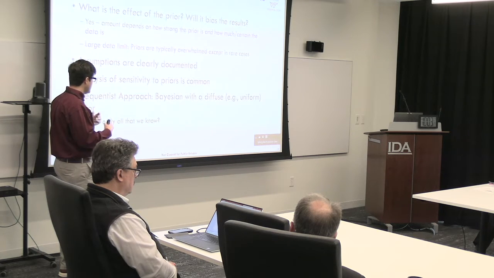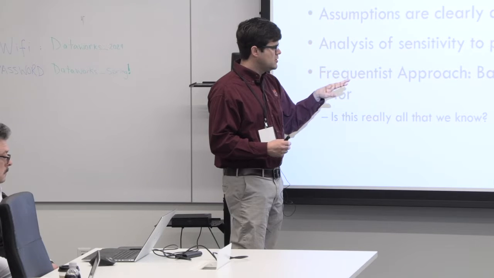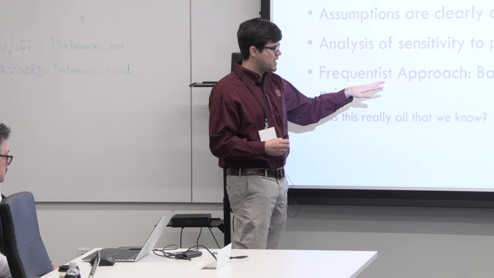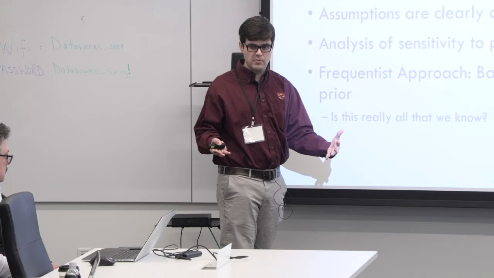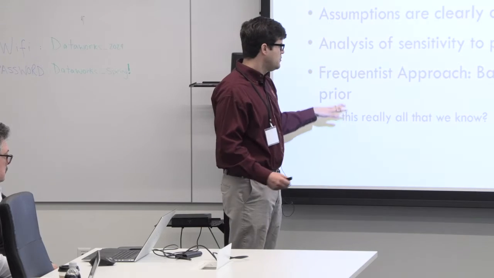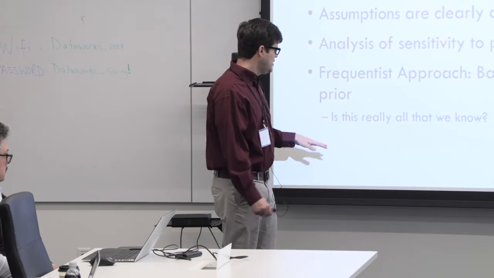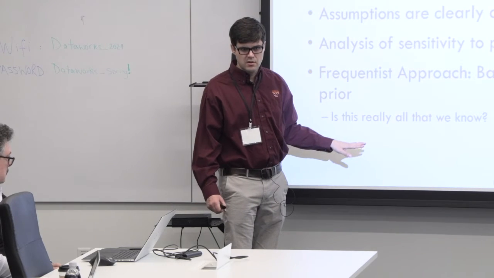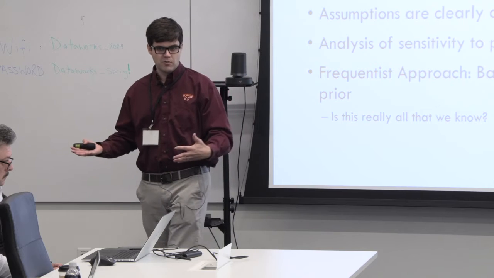For frequentists in the room, it's worth pointing out that you can think of the frequentist approach as Bayes with a very diffuse, or if you can manage it, uniform prior. So if the prior is telling you basically nothing, Bayes kind of reduces to a frequentist approach. The question is, for a lot of cases, is it really appropriate to pick a uniform prior?